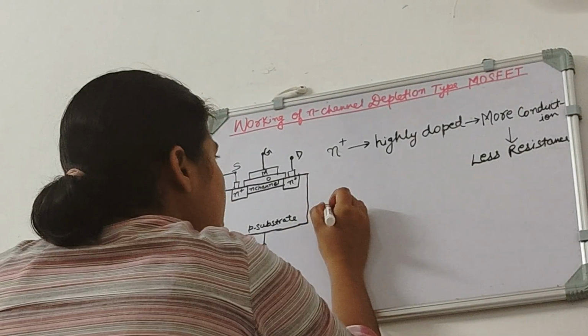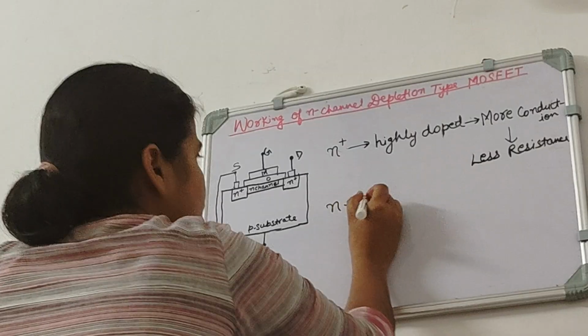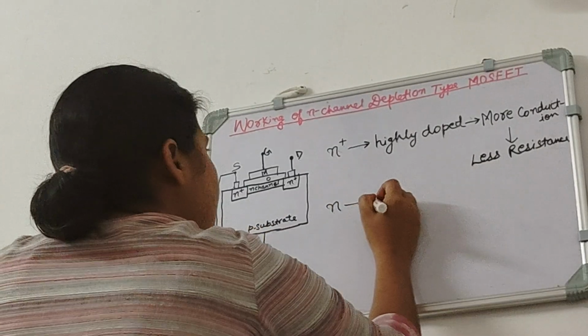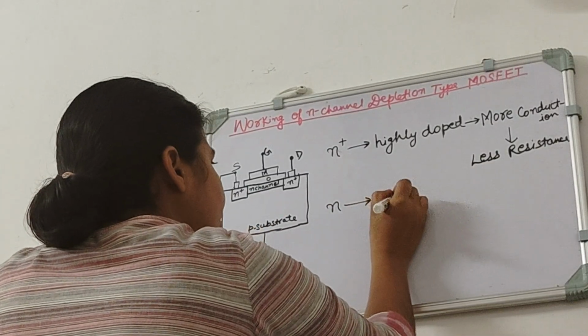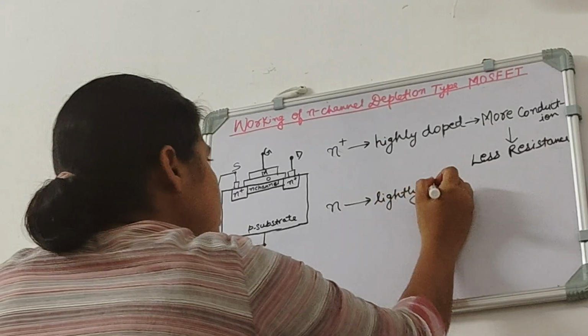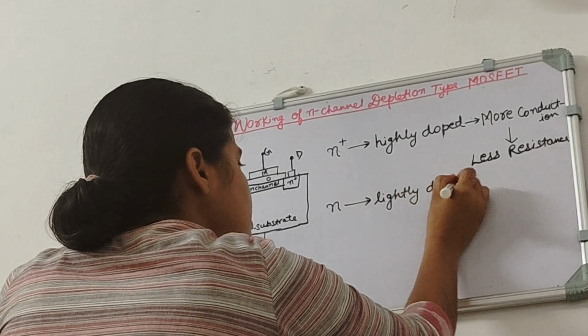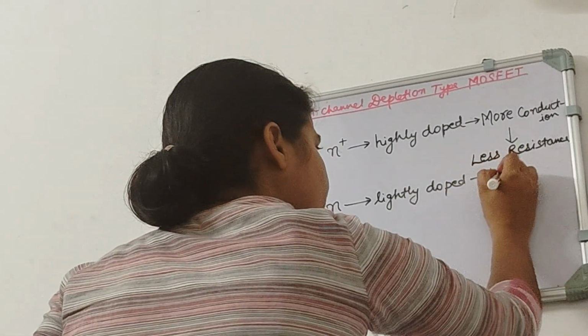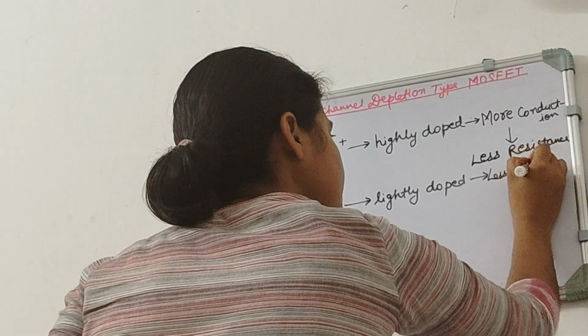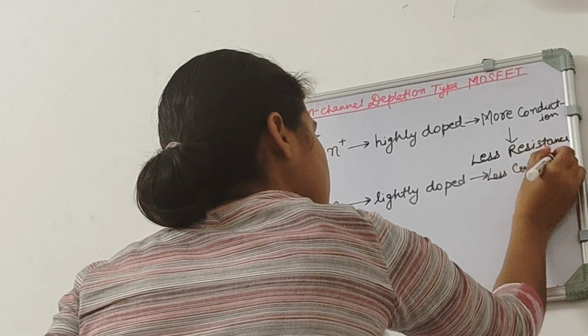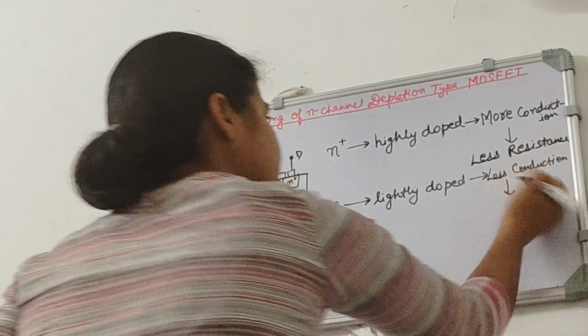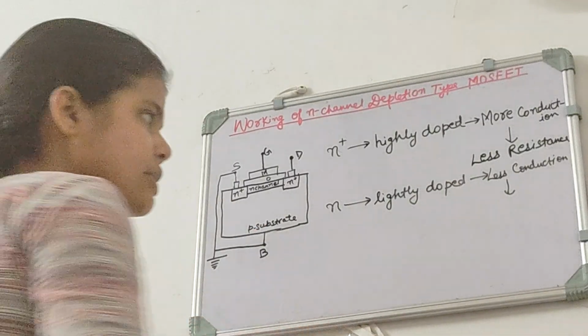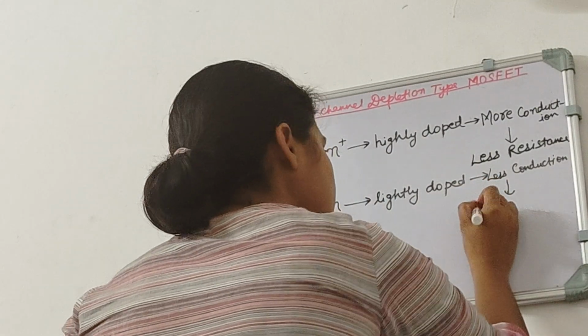Now let us see about just N. It is lightly doped compared to N plus, and so it will have less conduction compared to N plus, and less conduction means more resistance because they are inversely proportional.